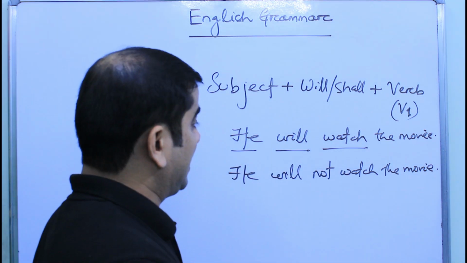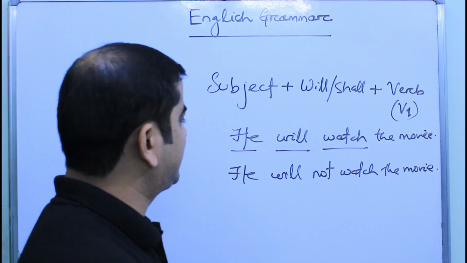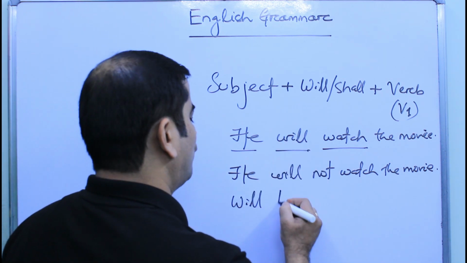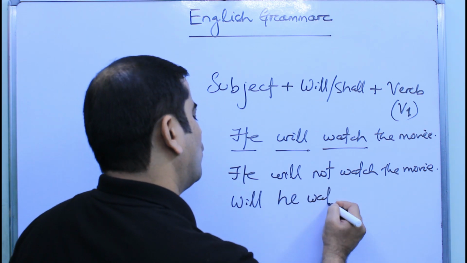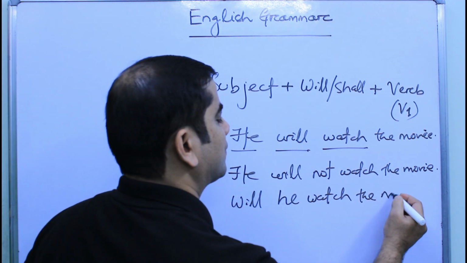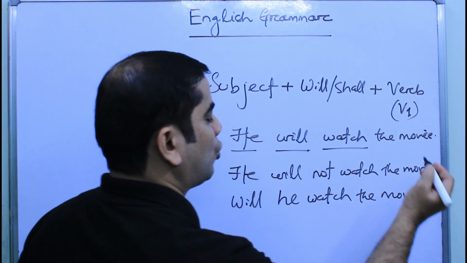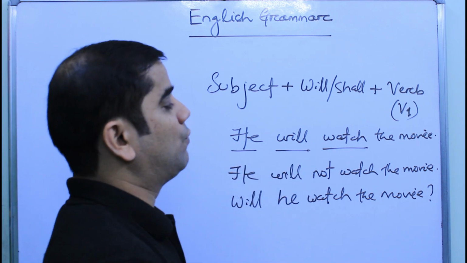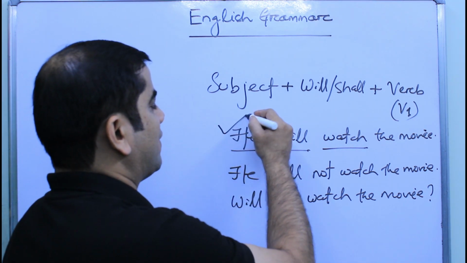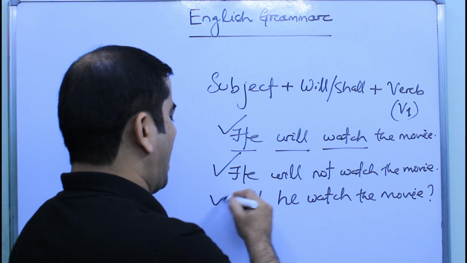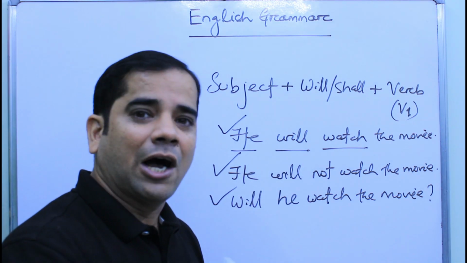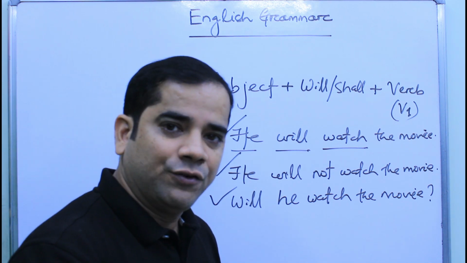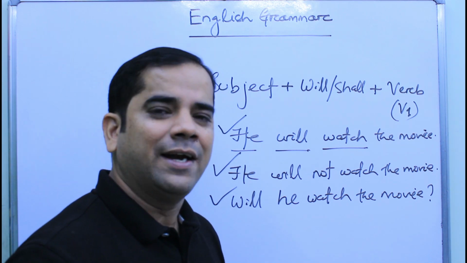And to form the interrogative sentence, we need to bring will at front. Will he watch the movie? So here we go. We have formed the interrogative sentence of the sentence he will watch the movie. So this is how the different kinds of sentences are formed in case of simple future or future indefinite tense.